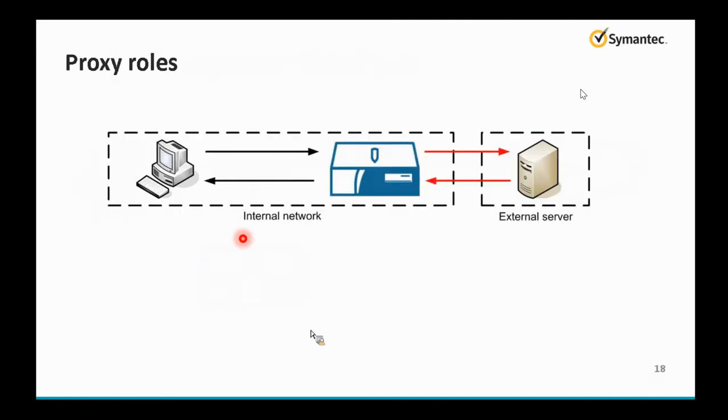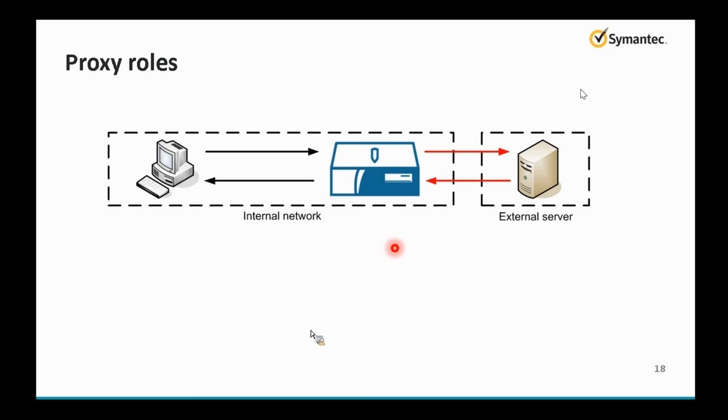All right? Now, another one, besides the physical deployment and the client connection method, the proxy also can have multiple roles. Okay? Proxy can have multiple roles. When you say role, this is the role that the proxy will act in the network.